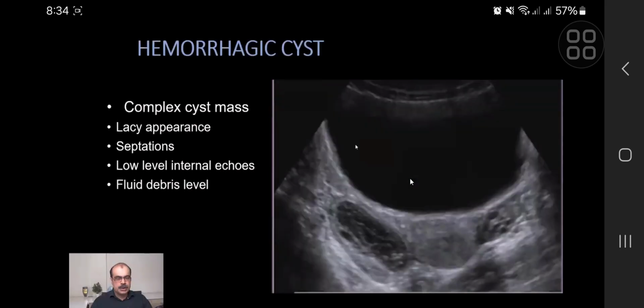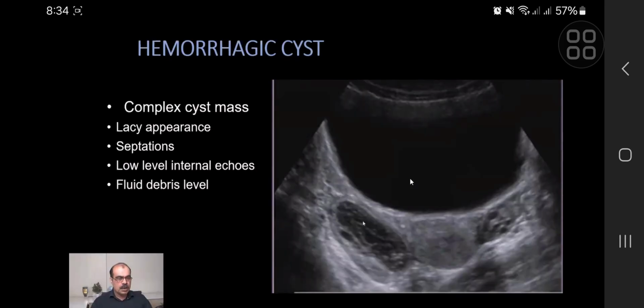The next cause which the patient can present with is a hemorrhagic ovarian cyst. In this case, the right ovary is showing a hypoechoic area with an internal lacy pattern, septations, and internal debris with echoes.